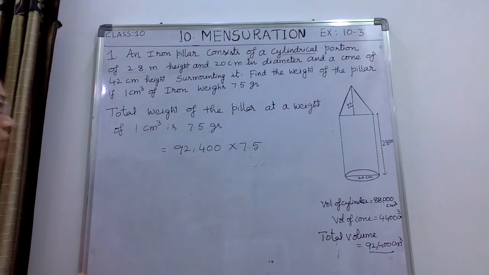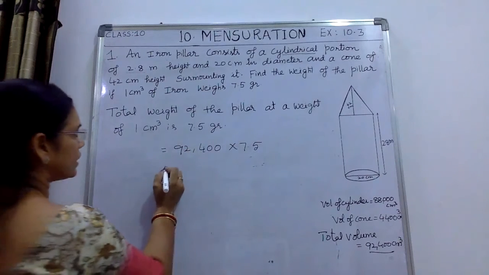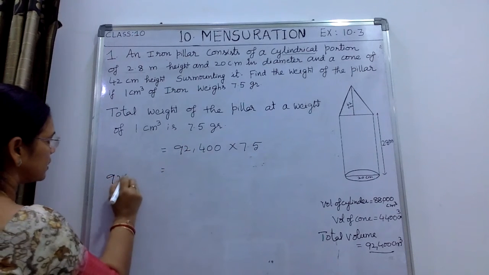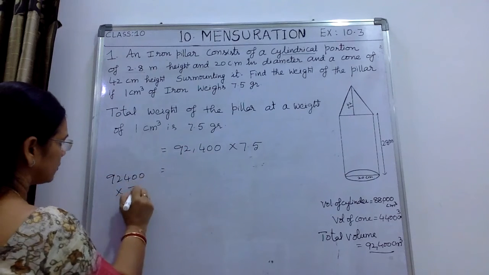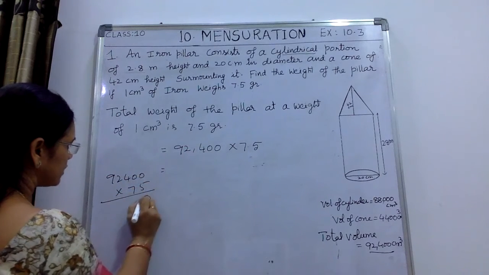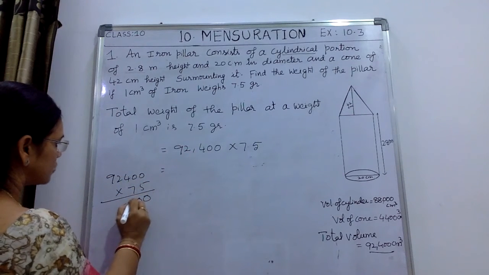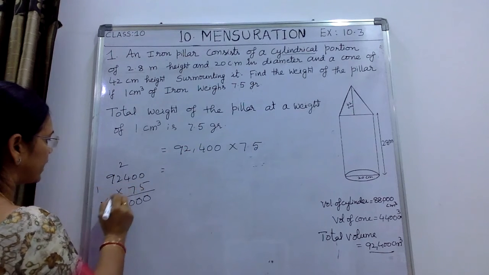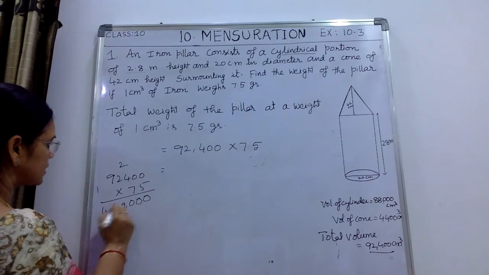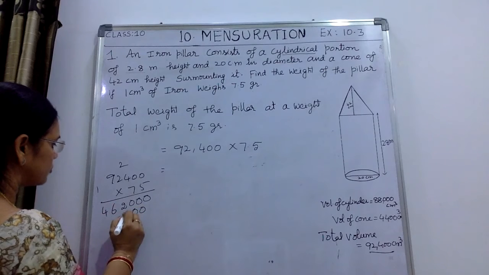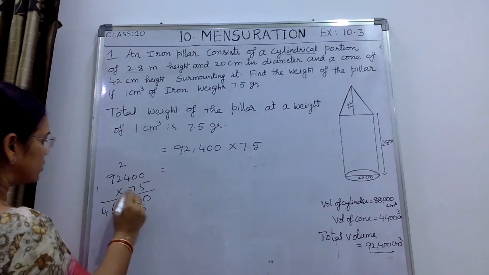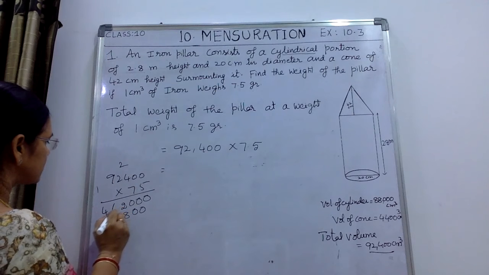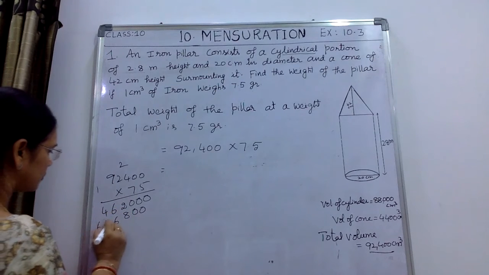Let us do the multiplication here. 5 zeros are 0, 5 fours are 20, 5 twos are 10 plus 2 is 12, 5 nines are 45, 46. 7 zeros are 0, 7 fours are 28, 7 twos are 14 plus 2 is 16, 7 nines are 63 plus 1 is 64.